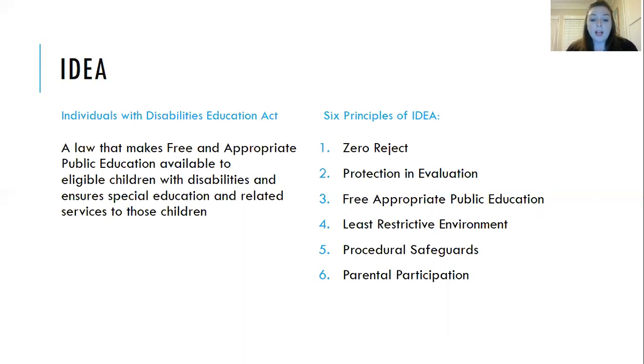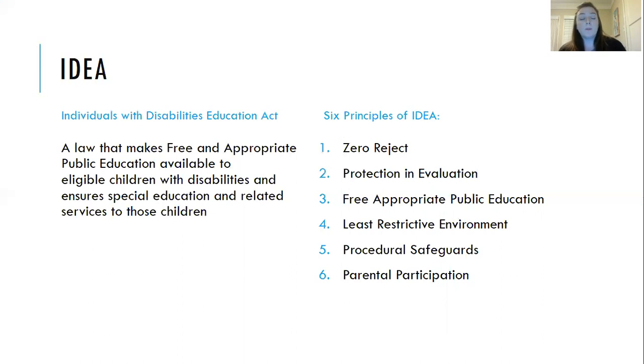Number 4 is the least restrictive environment, where you educate students with disabilities with their non-disabled peers in the most appropriate setting. Number 5 is procedural safeguards, which is complying with the procedural requirements of IDEA.